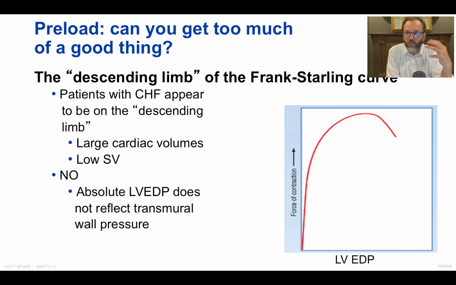I would firmly believe that they're not, because absolute left ventricular end diastolic pressure does not reflect transmural wall pressure. So when we have this dissociation between pressure and volume, or pressure and a very reliable measure of preload, it becomes very problematic with regard to characterization of a pressure-volume relationship.